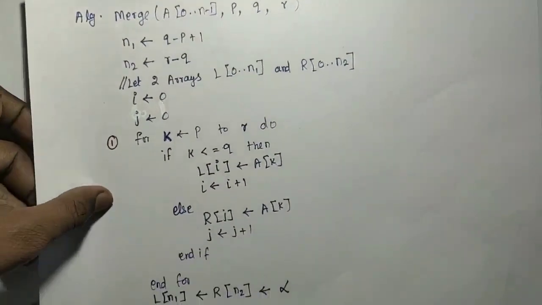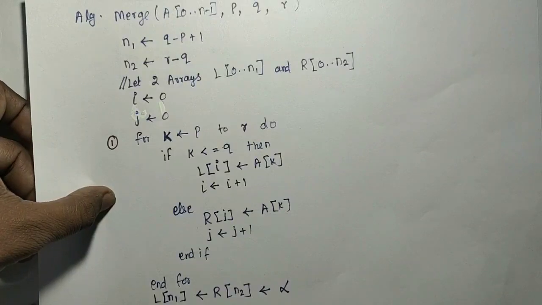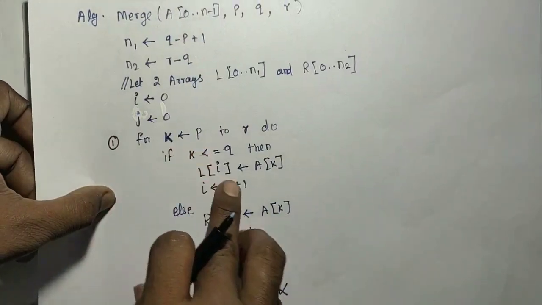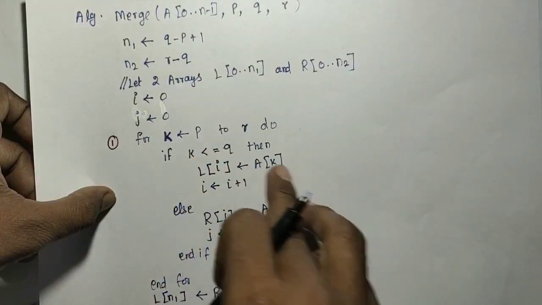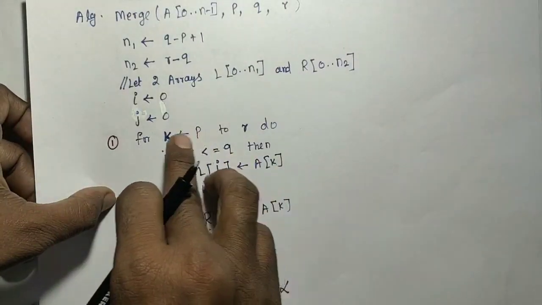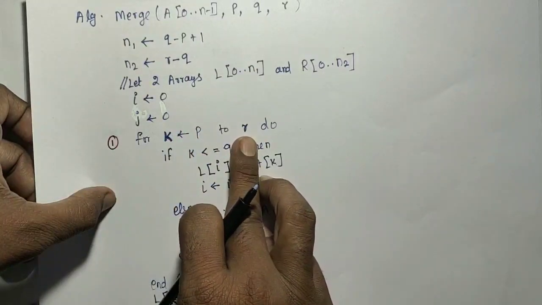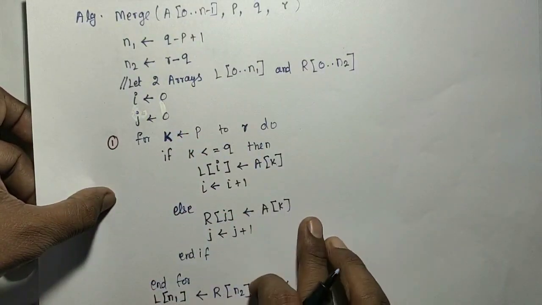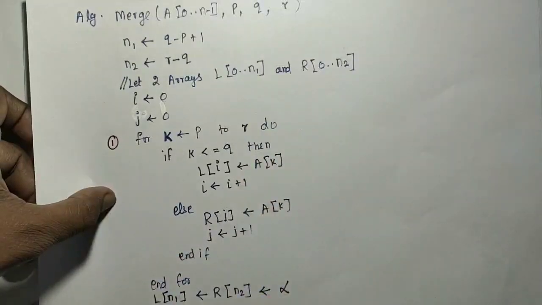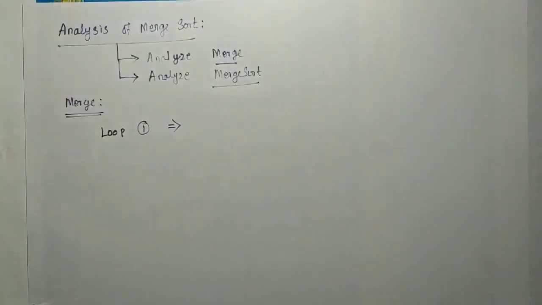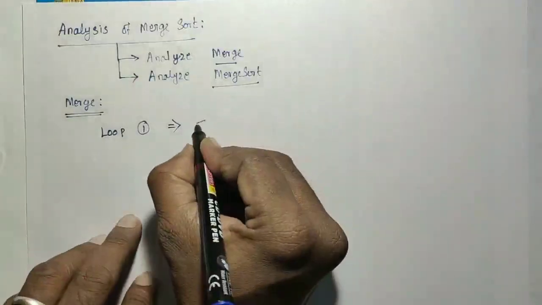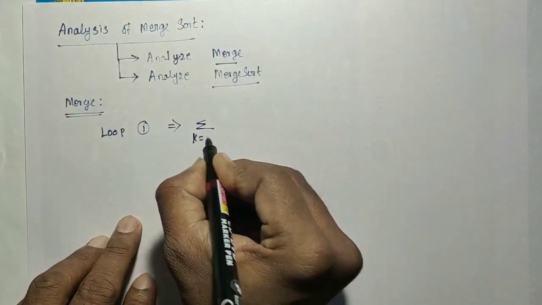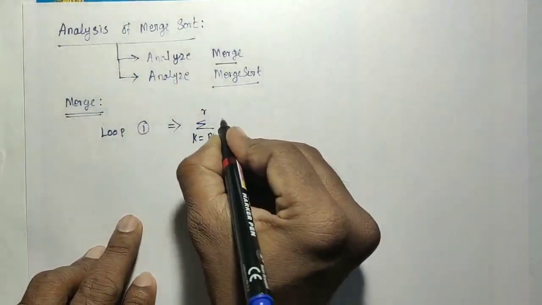So there is no worst, best and average case complexities; everything will be the same, because that entire loop is going to be executed exactly for k equal to P to R. The loop will not get terminated in between due to some conditions here. So I can write the loop is executed for k equal to P to R, and 1.